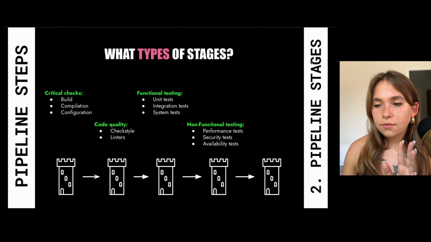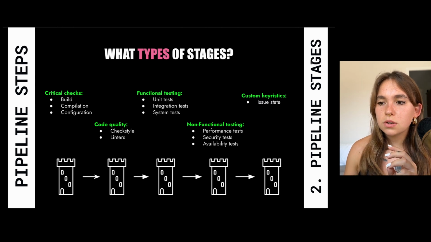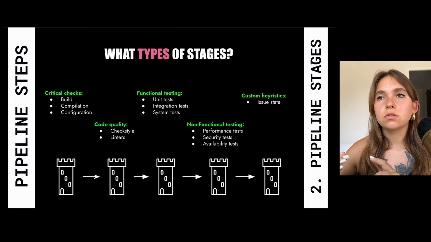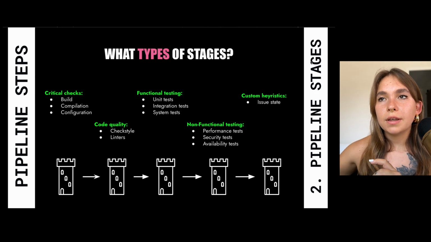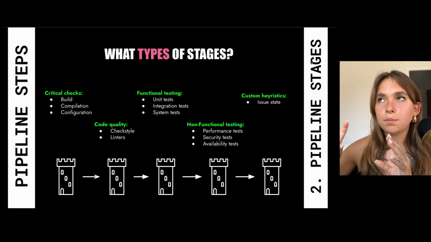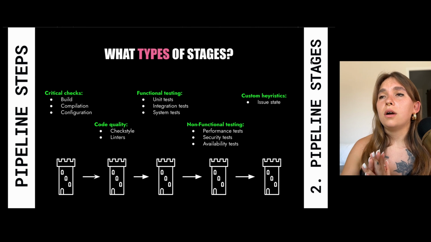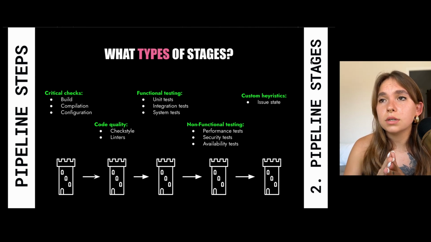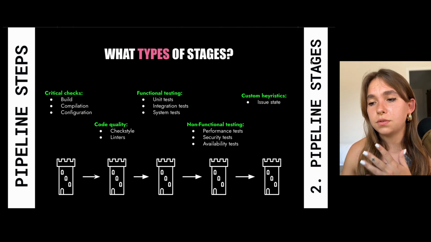And after that, finally, we can use different custom heuristics. I'll just give you several examples, like issue state. This integration is really useful when you have in the CI/CD pipeline information about the related issue, like its state, which parts of the system are affected, and also who is responsible, who the developer is, so you can call him, you can mention him in code review, so a lot of different things.